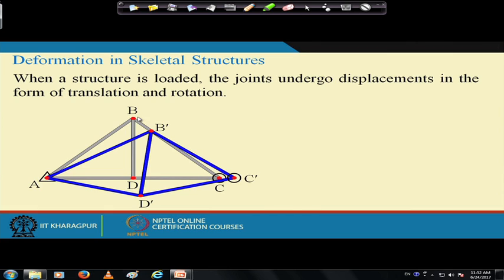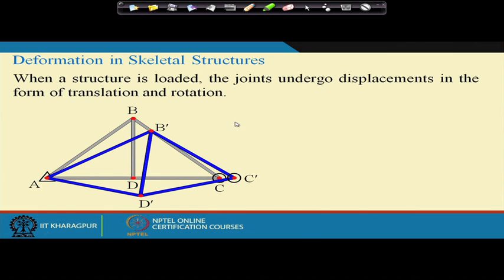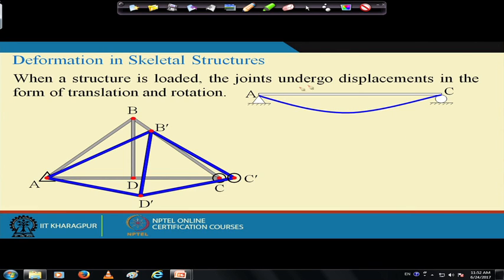Now take another example, a beam AC, which is subjected to maybe any random load, and it is transversely deformed like this. In this case, the joint A undergoes rotation and joint C undergoes rotation.